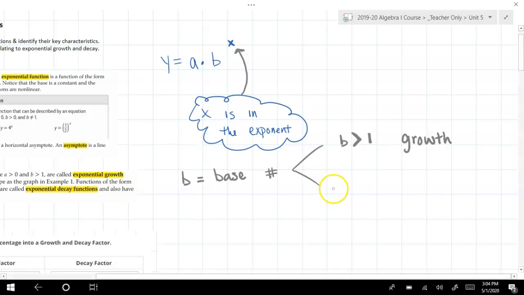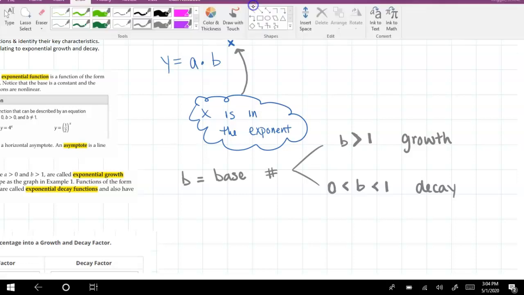And if the base is between 0 and 1, so it's a decimal or a fraction between 0 and 1, this exponential equation will show decay.